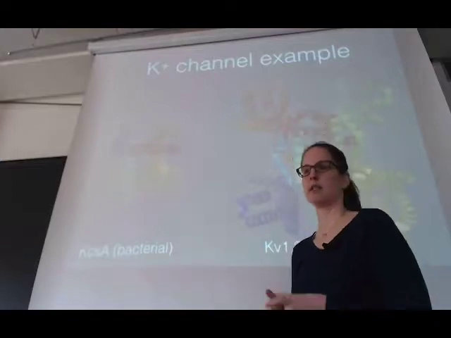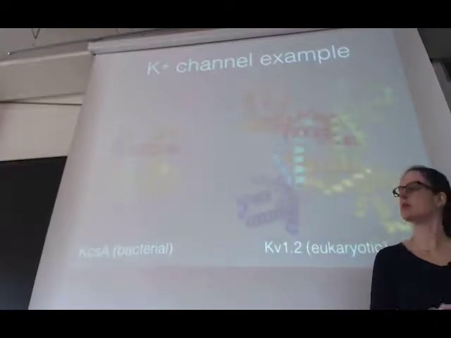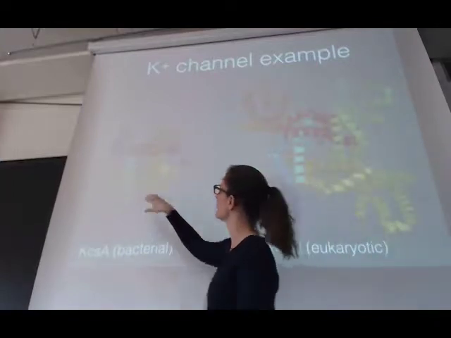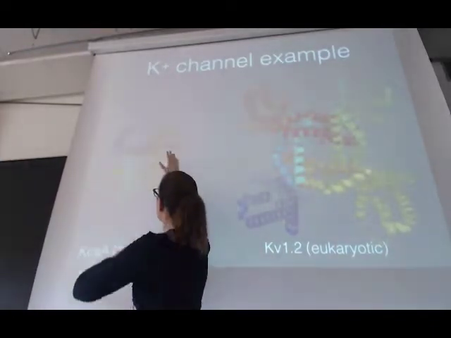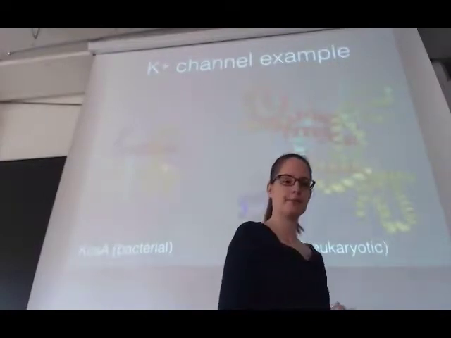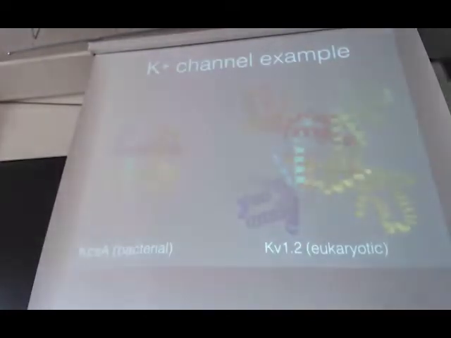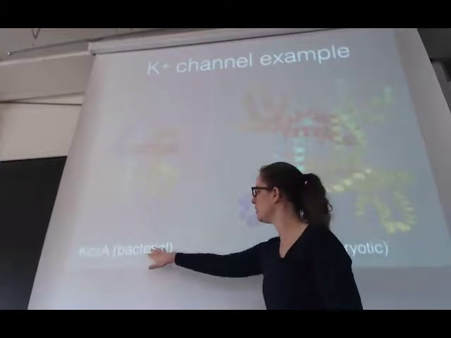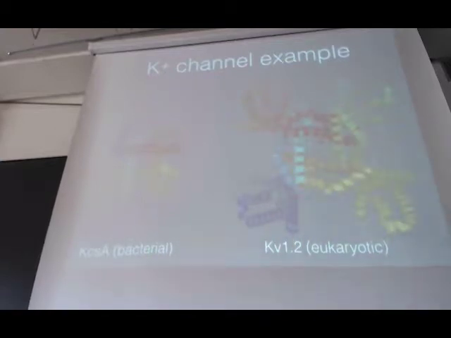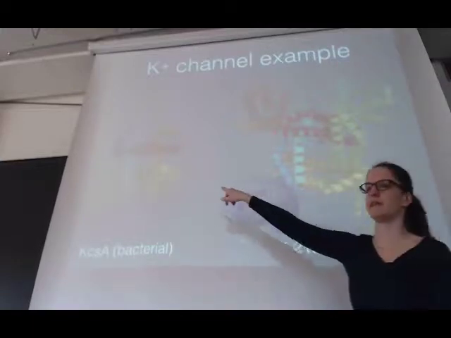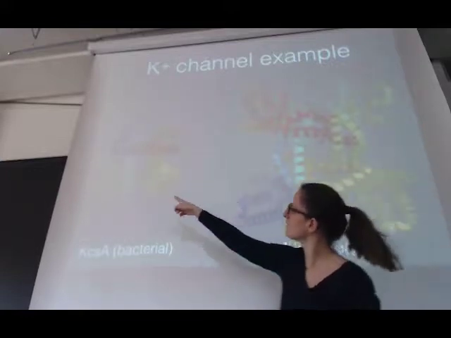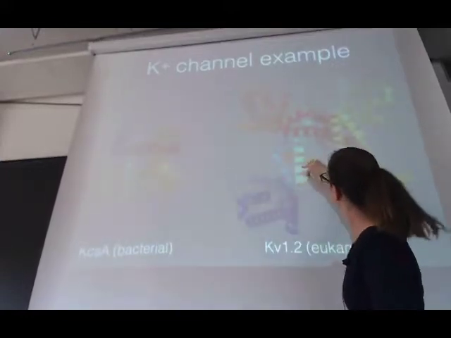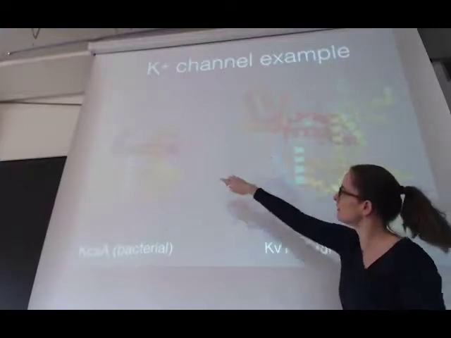This is an ion channel. The functional principle is that it needs to conduct ions through the central pore, and it has a hydrophobic core that's exposed to the membrane. Compare these two, bacterial and eukaryotic. The central part is very similar. You can see these pore-lining helices in the same orientation, and the second helix here, same orientation.